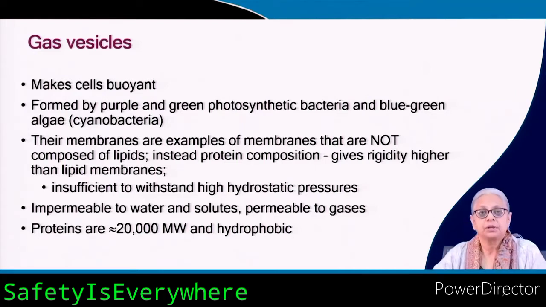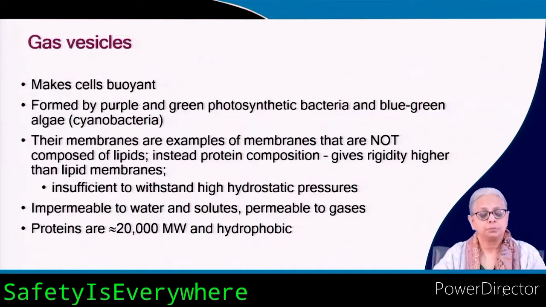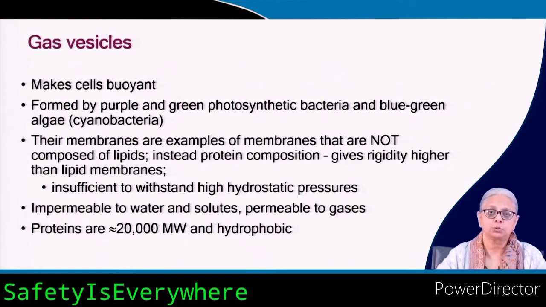These membranes are not made out of lipids, instead they are made out of proteins, and these proteins give them rigidity. Like I said, they are bubble-like structures because they are able to entrap gases, and those gases give them buoyancy and a survival advantage by bringing them to the top of the water column.